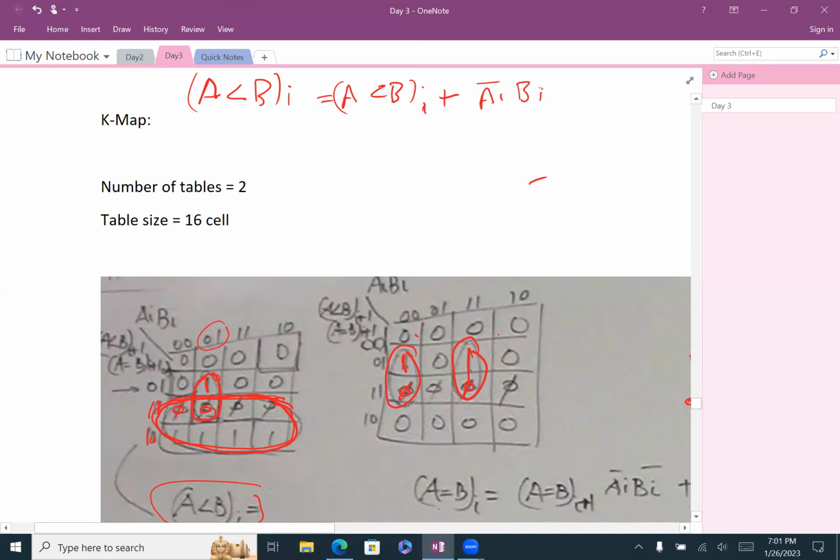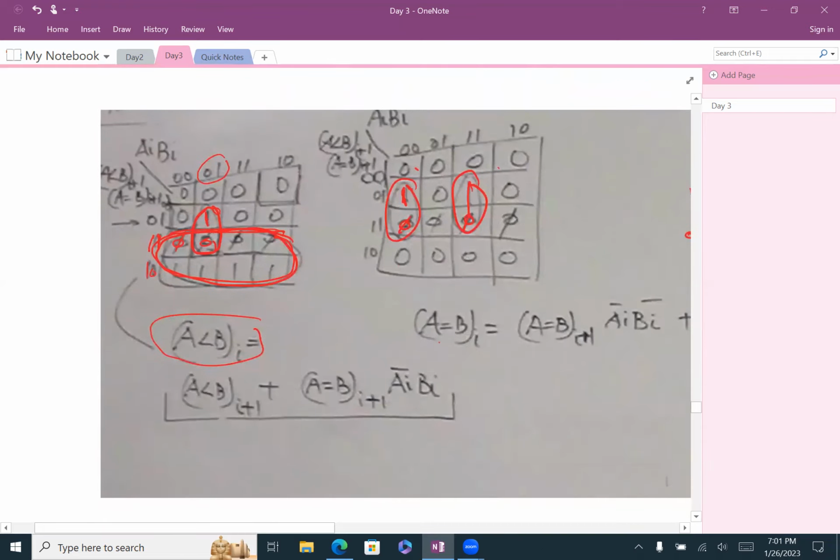And when you take this side, what is the common? It's this one. A equal B, A_I B_I at I, correct? I'm sorry, I plus 1. Yes, I plus 1. Is that the right equation?